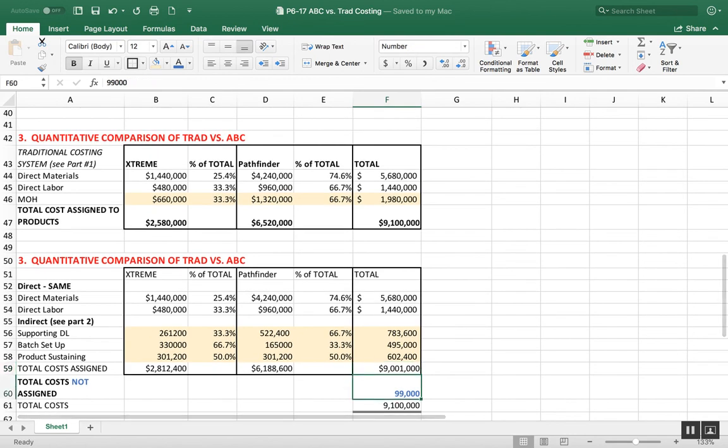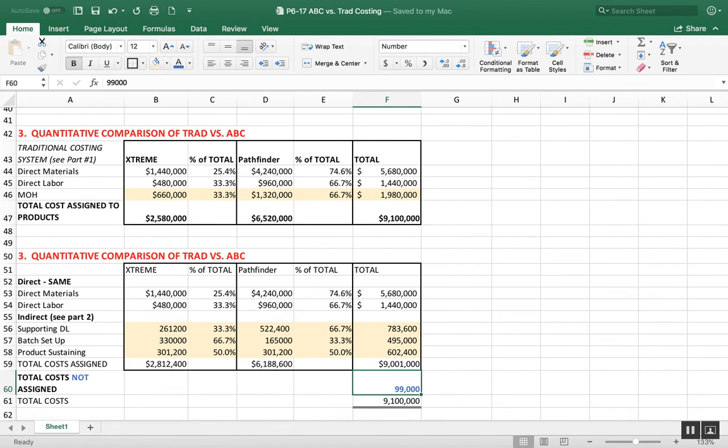Now, the only cost that wasn't assigned was that $99,000, which represented that one that said other, meaning that was an organizational sustaining cost that could not be assigned to the products. So that's why we get this 99,000 here, making our total costs the same. It's just a matter of how we slice and dice that data and how we get those total costs.